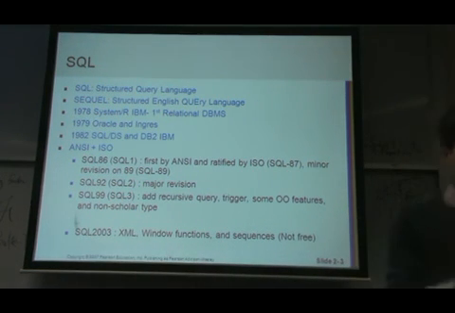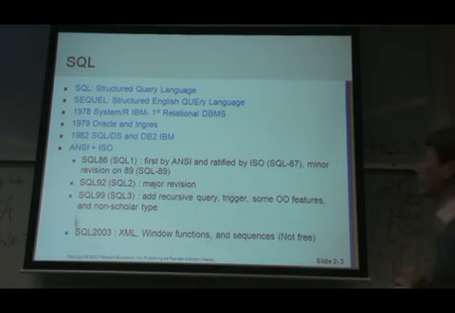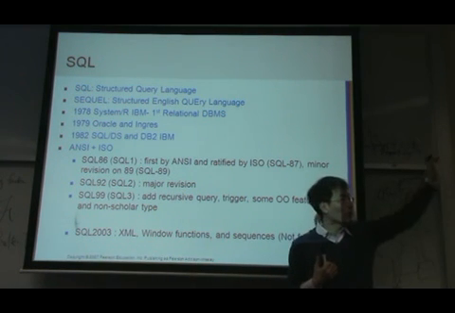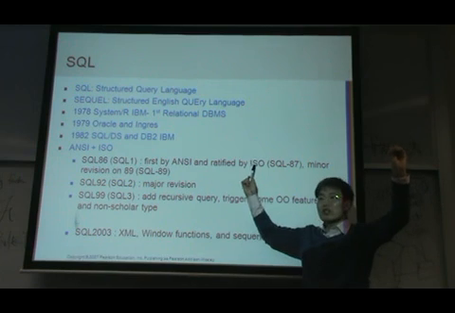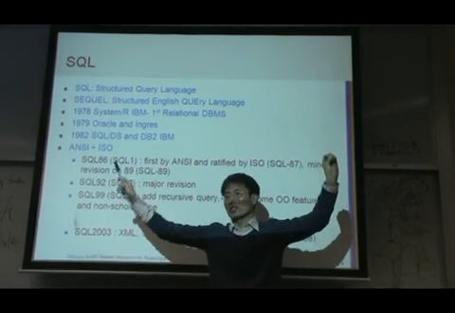Then, as long as the DBMS software follows the standard, it is called SQL or a relational database. That means if I can use one DBMS that follows this standard, it is not much different from other DBMS.